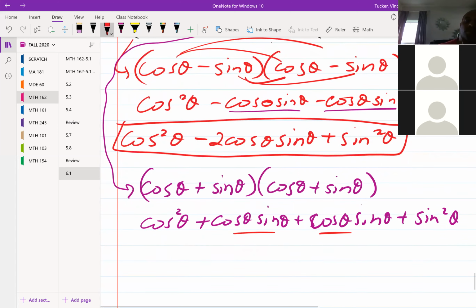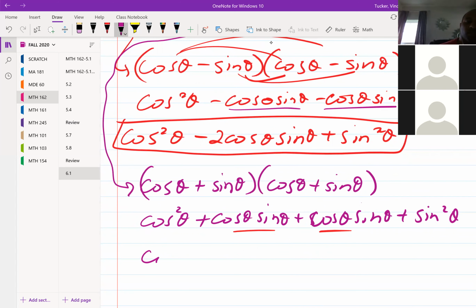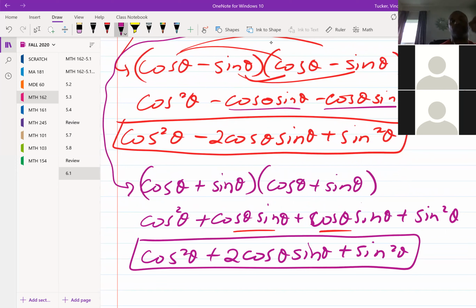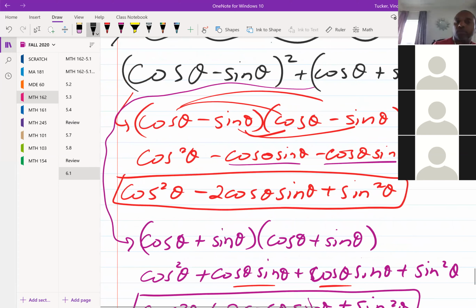Once again, we've got like terms in the middle. So that's cosine squared plus 2 cosine theta sine theta plus sine squared theta. All right, so before we add them together, questions? All we did was expand them out, foil them out.